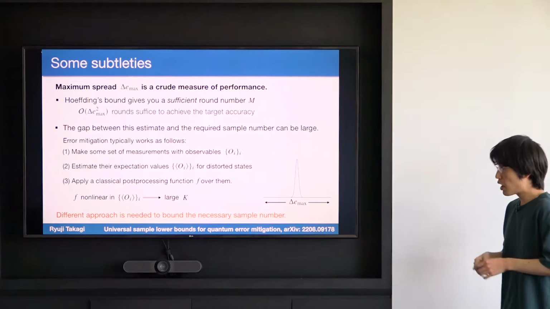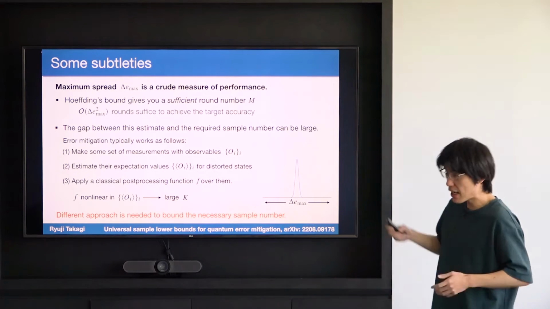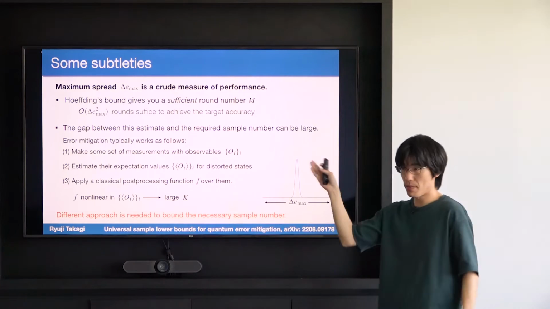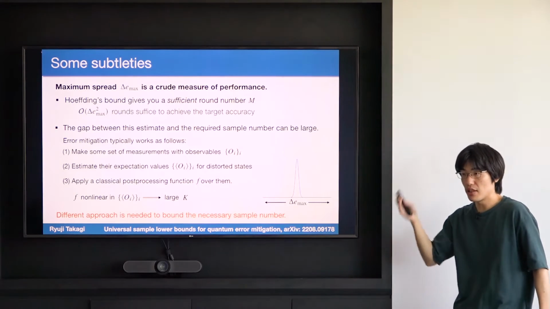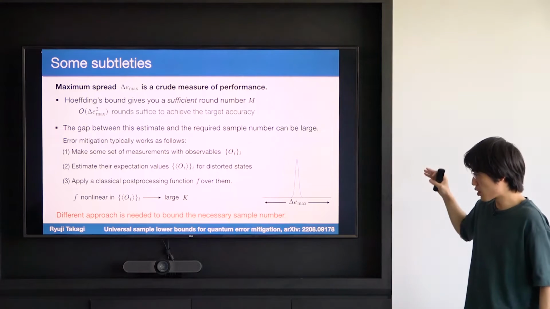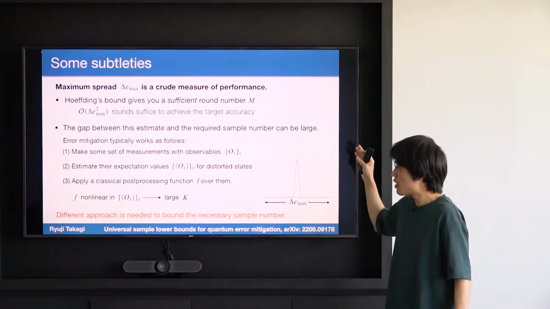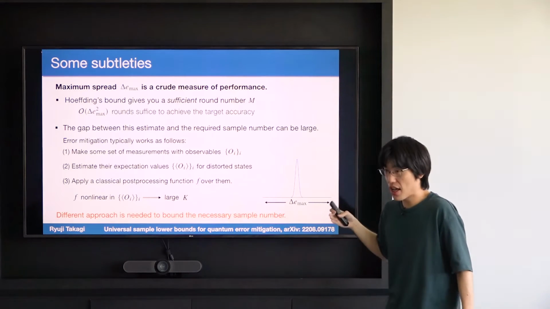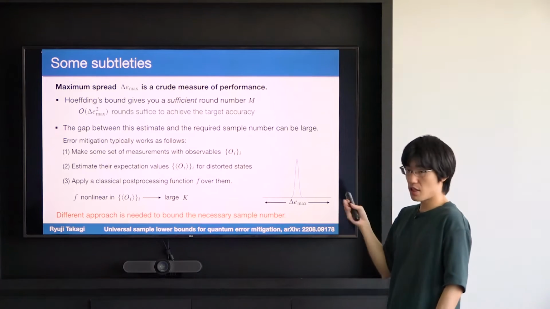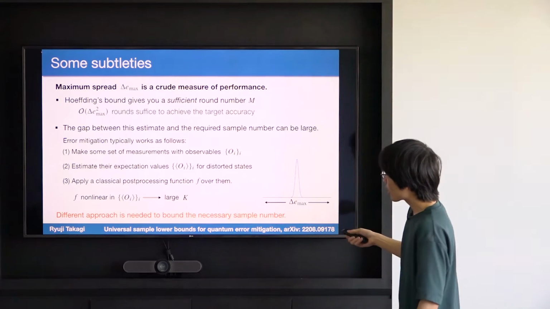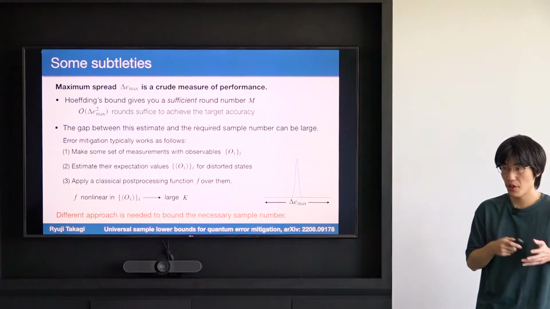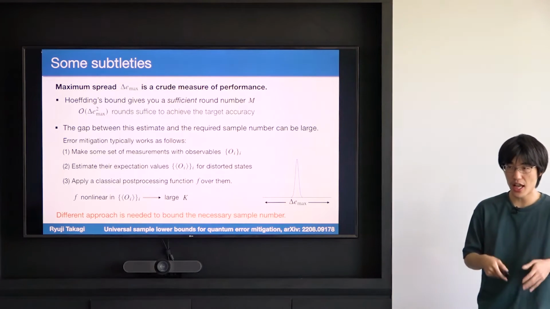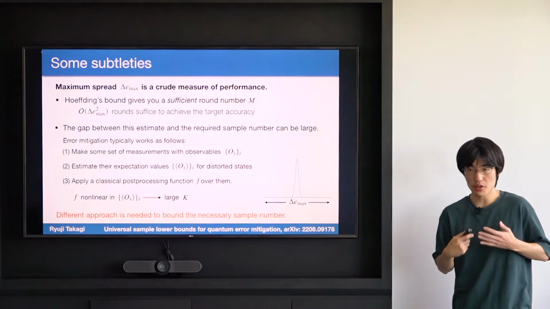Okay. So then I've been talking about this maximum spread as sort of figures of merit, like important figures of merit. But that was the content of the first reference. But let me now also point out some subtleties of considering this maximum spread. If we remember back our original motivation, we were primarily interested in the sampling number that we want to use.